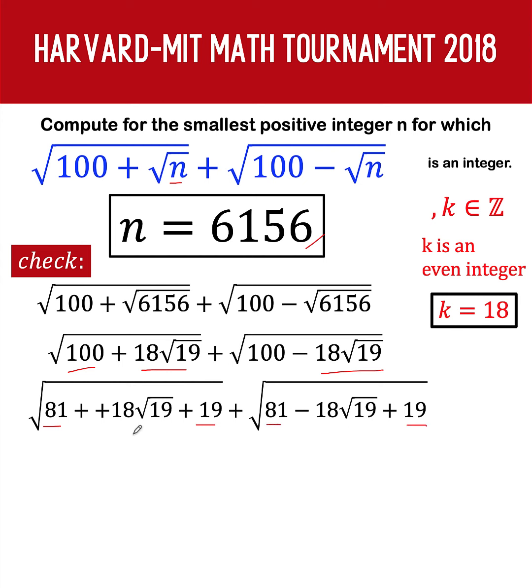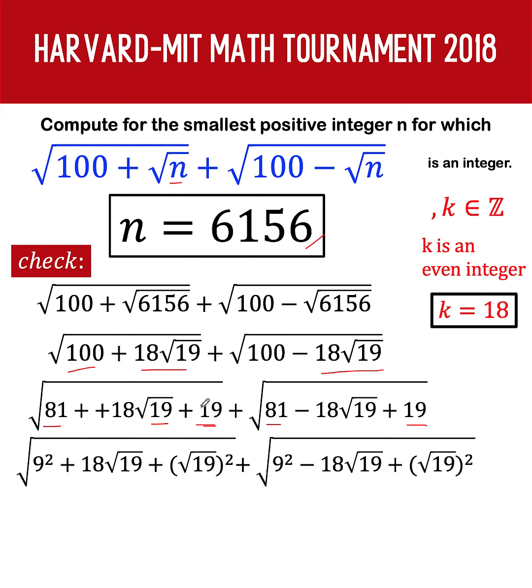Now the beauty of this is you have this square root of 19 and you have this 19. Notice that 81 is equal to 9 squared, and 19 can be written as the square root of 19 squared. This form is a perfect square trinomial because the middle term is equal to twice the product of this 9 and this square root of 19. The first and the last terms are both squared.